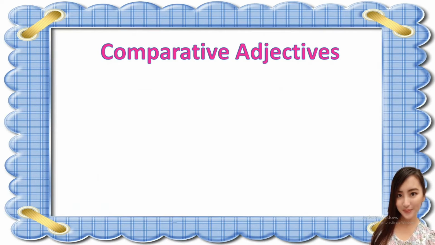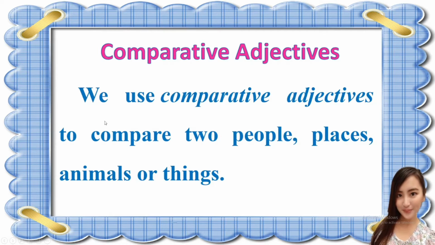Okay, so next let's move on to comparative adjectives. What do you mean by comparative adjectives? We use comparative adjectives to compare. What do you mean by compare? Two people. Remember, two.